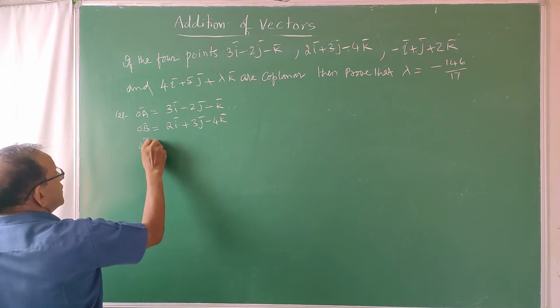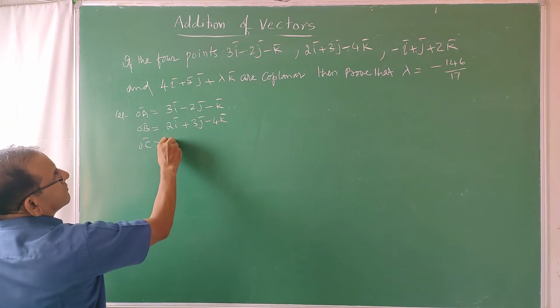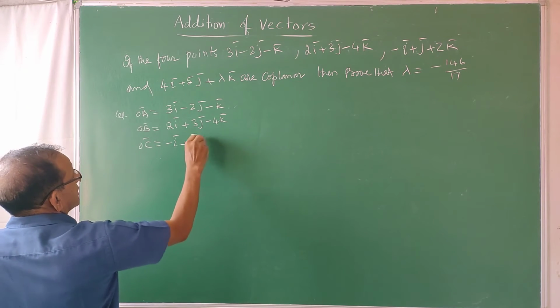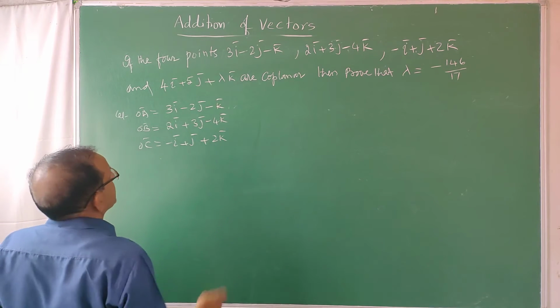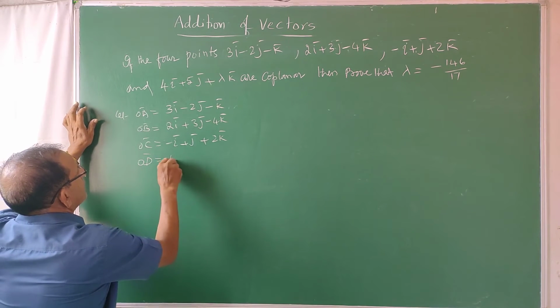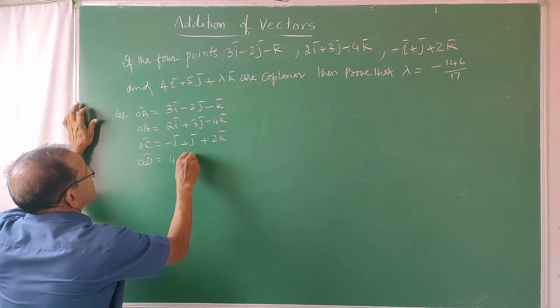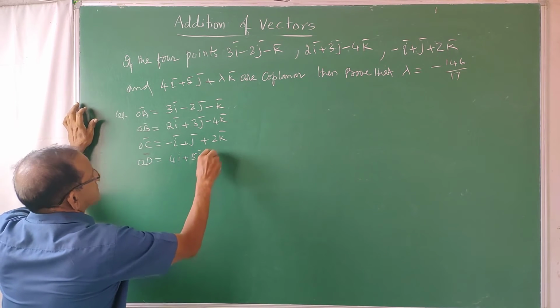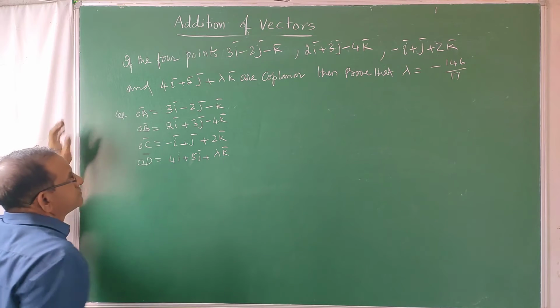And OC bar is minus I bar plus J bar plus 2K bar, and this is OD bar: 4I bar plus 5J bar plus lambda K bar.